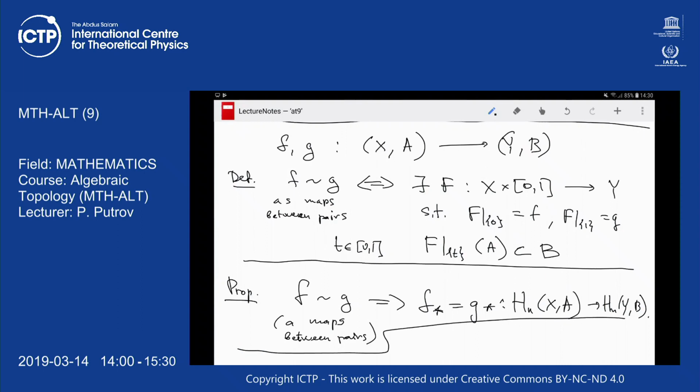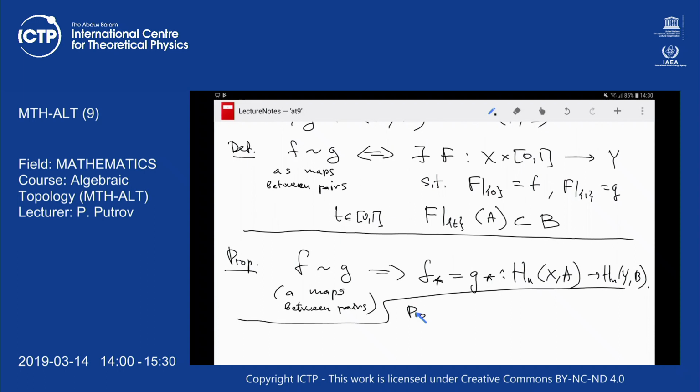How do we prove this? We already showed this proposition for the usual homology, the non-relative homology, where F and G were two homotopic maps between Hn of X and Hn of Y. So we already proved this theorem.